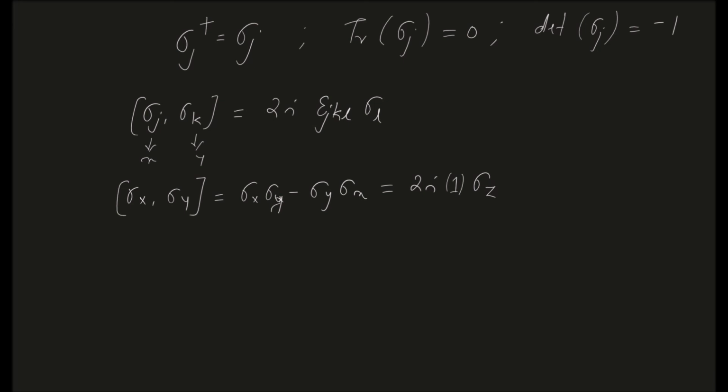But we have also seen that they are anti-commuting. That means sigma y sigma x is the negative of sigma x sigma y. So the left hand side can be written as 2 times sigma x sigma y, and on the right hand side we have 2i sigma z, so you get another relation: sigma x sigma y is equal to i sigma z.